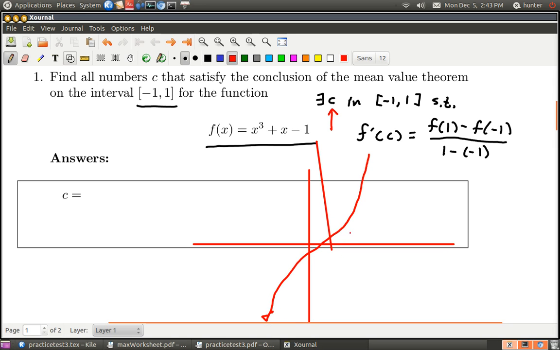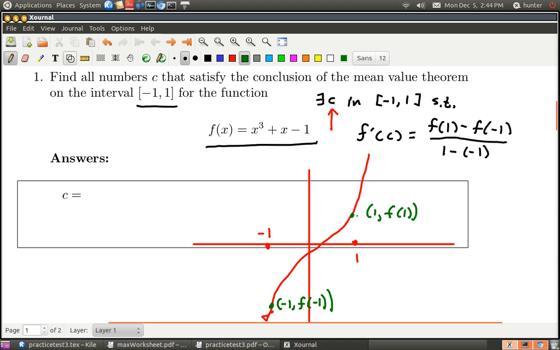Some points that we are interested in. Here's 1, here's -1. This is the point on the graph where -1 goes, -1 comma f of -1. And this is the point on the graph where 1 goes. So this is 1 comma f of 1.